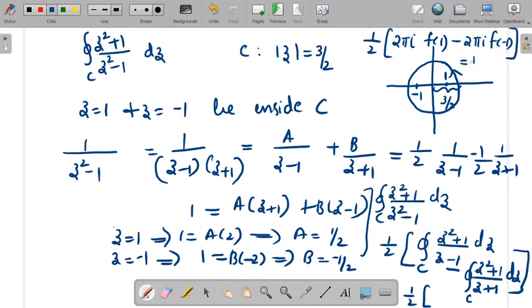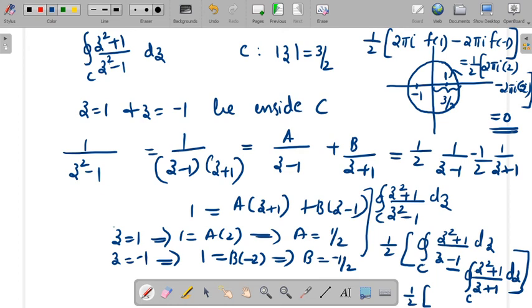So we get 1 by 2 into 2 pi I into f of 1. f of z is the function in the numerator, z square plus 1. z ന് പകരം 1 കൊടുക്കുമ്പോൾ we get 2 minus 2 pi I into f of minus 1 is also 2. അപ്പോൾ രണ്ടും cancel ചെയ്ത് പോകും. We get the answer as 0.